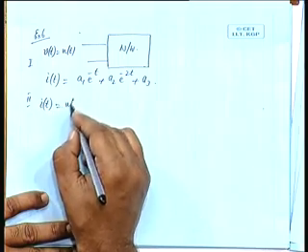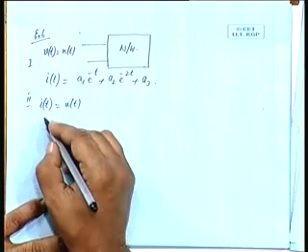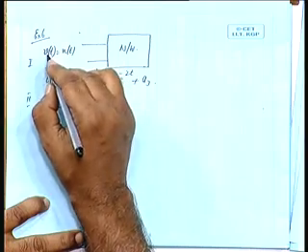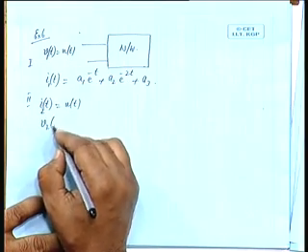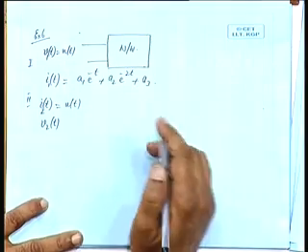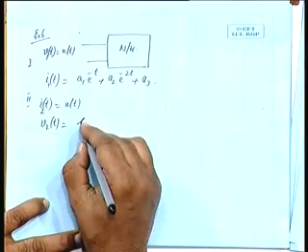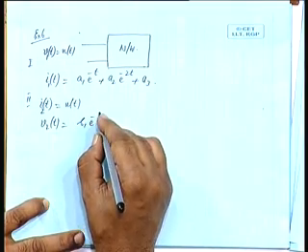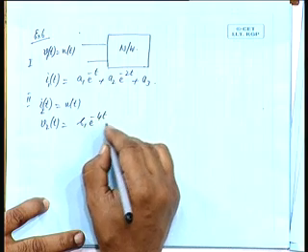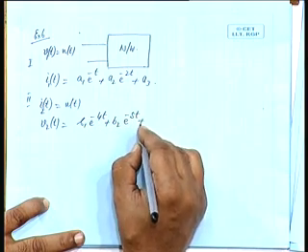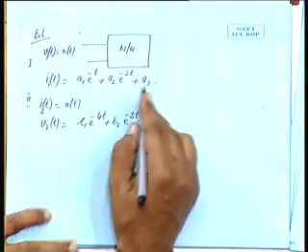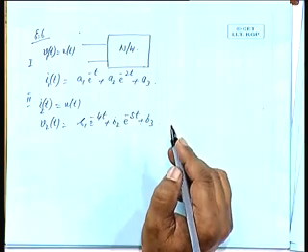If unit step of current is applied, I will call it V1, I1, similarly I2, then I get a voltage across the terminals as B1 e to the power minus 4t plus B2 e to the power minus 5t plus B3. All these are constants, but not known.